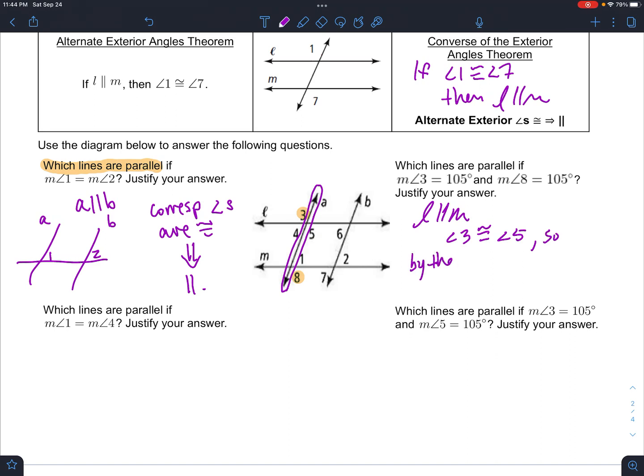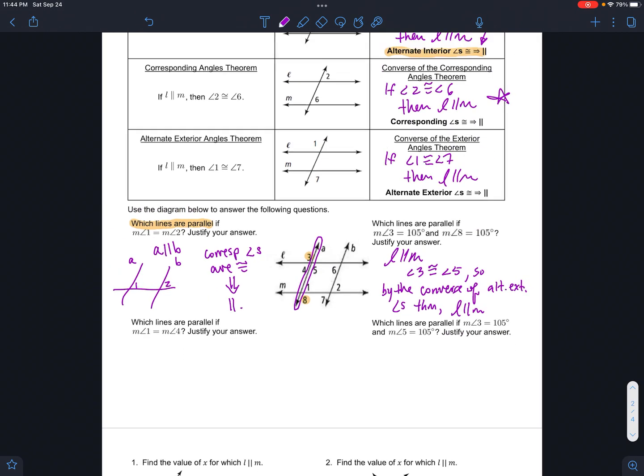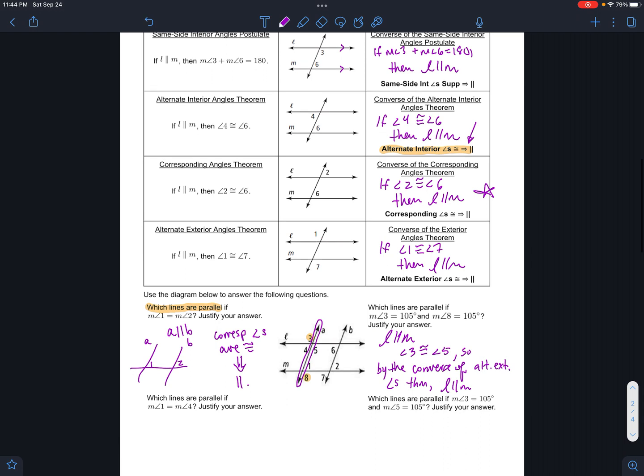So you could say, by the converse of the alternate exterior angle theorem, L is parallel to M. That's what this is saying here, alternate exterior, which is right here. If you have that matchup, then you have parallel lines.